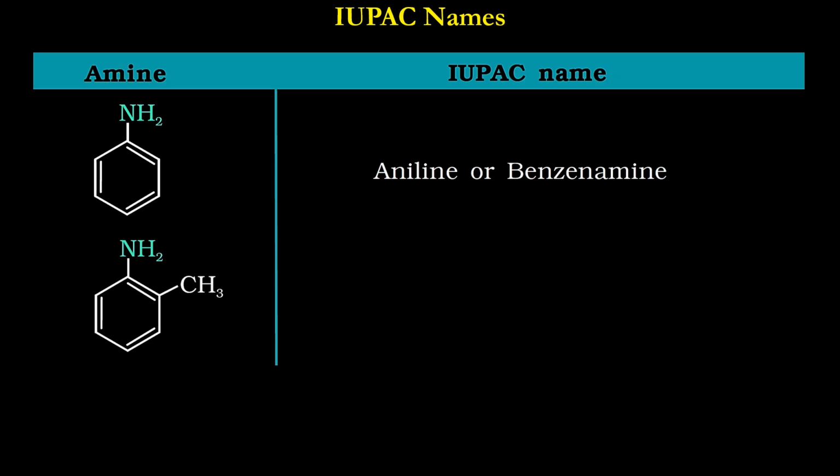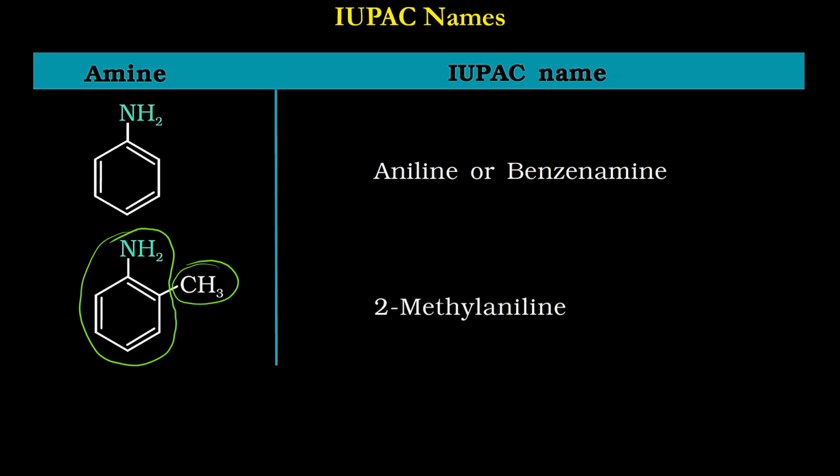Next one. This can be named using two ways. First is that if you consider this as aniline, then on second carbon you have methyl. So you can say 2-methyl aniline. Okay. Or otherwise you can say 2-methyl benzenamine.